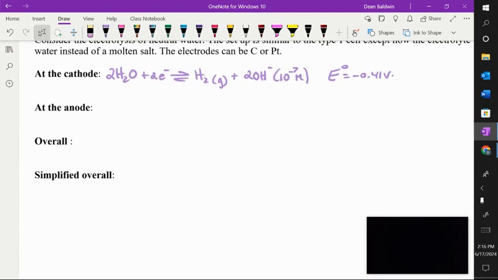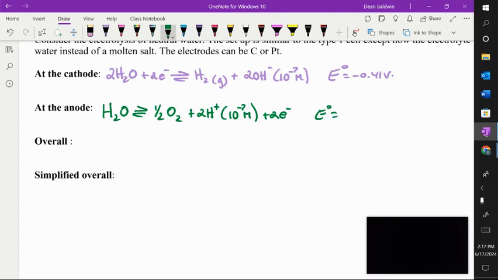So we go H2O and E naught is negative 0.82 volts.